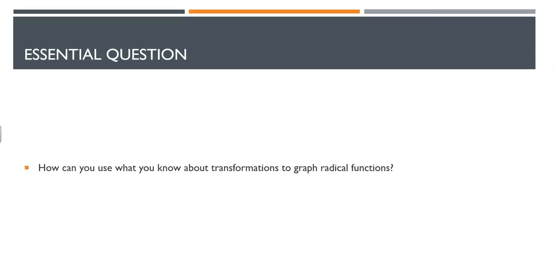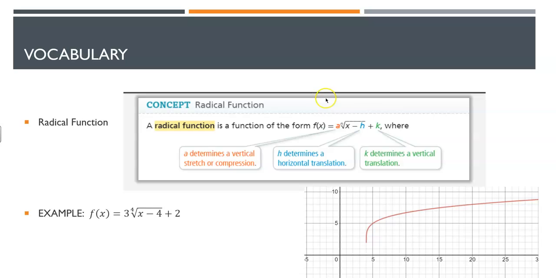And the essential question is, how are we going to use what we know about transformations to graph the radical functions? These look a little different. It has still the same basic guide that we've used before in the past. So when we have an nth root of something, so it could be a cubic, a square root, whatever, what we have out in front will cause either a vertical stretch or compression.